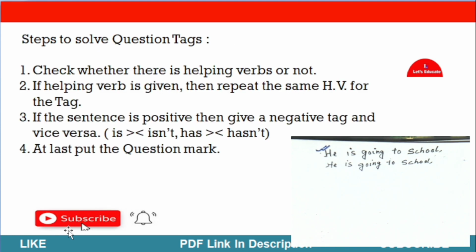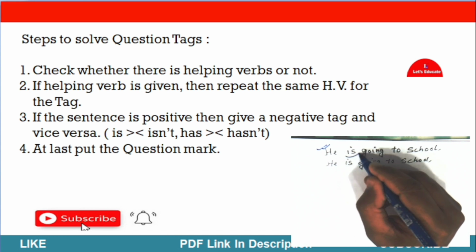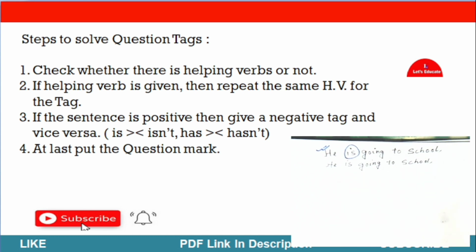What are the steps I have told you to check? Firstly, the first point is, we have to check whether there is a helping verb or not. Can you tell me, is there any helping verb? Yes, there is a helping verb, is. Our number 1 point is finished. Number 2 point is what?